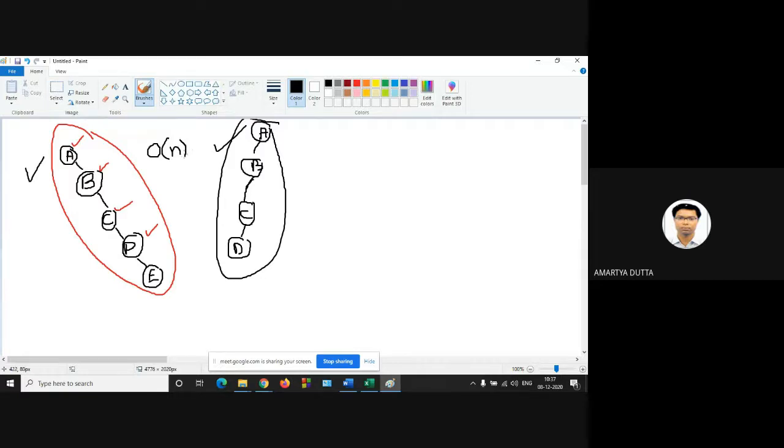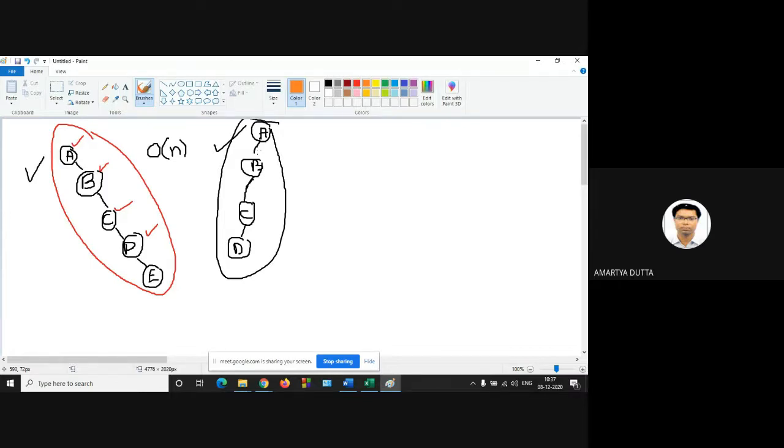Actually, this looks like a linear structure, but it is a very common interview question to define the skew tree and whether your skew tree is a linear data structure or not. It looks like a linear structure, but actually it is not a linear data structure, because it comes from the tree, the binary tree.